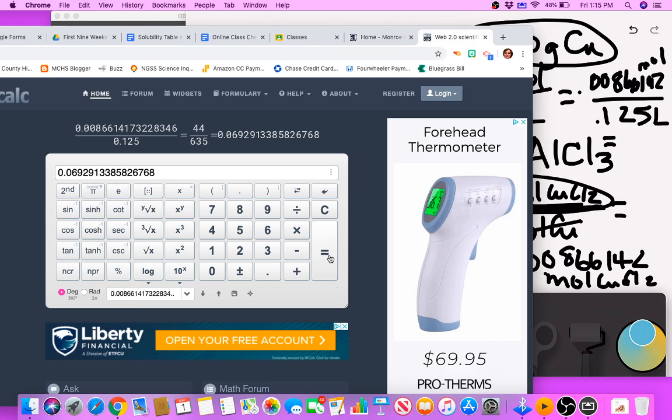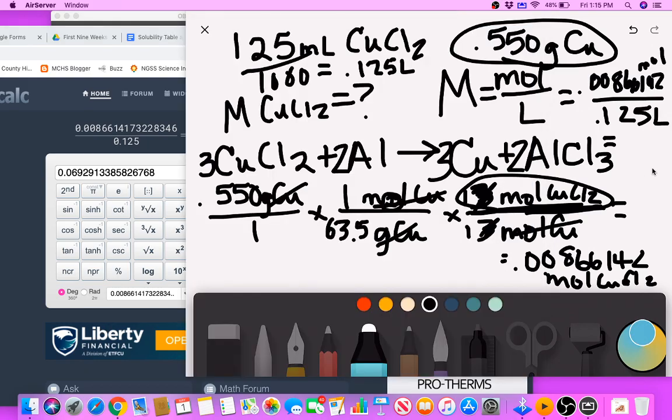This gives me the molarity of that initial copper 2 chloride solution. All of my measurements in this problem have 3 significant digits, so I need to round this to 3 significant digits. My first 3 significant digits are the 692, and the 9 after the 2 makes the 2 a 3, so 0.0693.